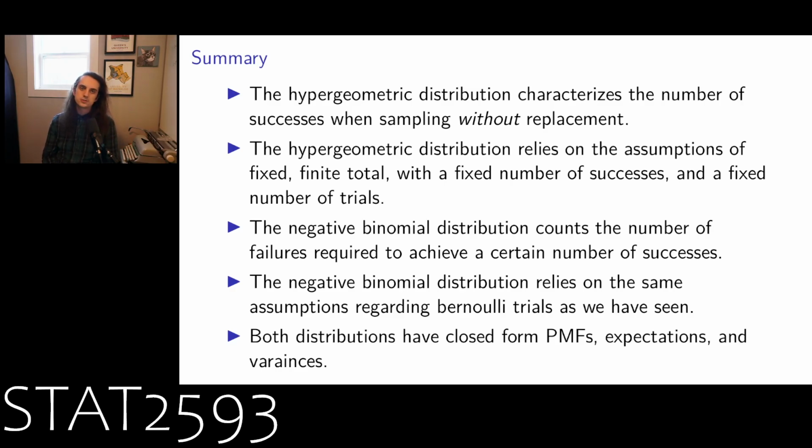The negative binomial distribution counts the number of failures until we achieve a set number of successes. The negative binomial relies on the same assumptions that we've seen. And both distributions are going to have closed form PMFs, expectations, and variances. And so we can work with them to do probability calculations, expected value calculations, and the same thing.